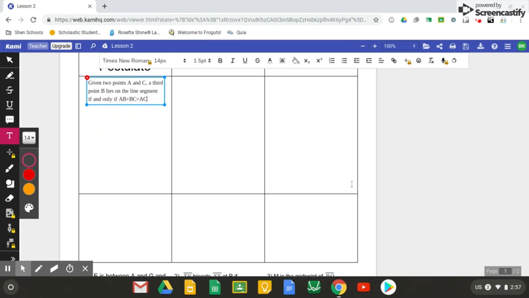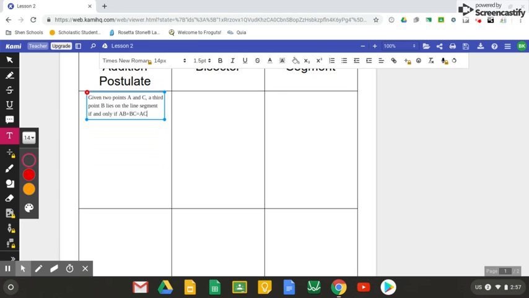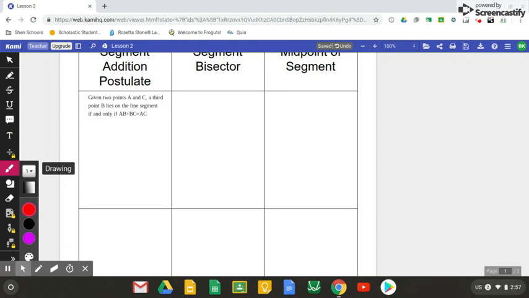So what does this mean? If I get a line segment right here, and I call that AB, this line segment plus this line segment, which I'll call BC, will equal this whole thing, AC.